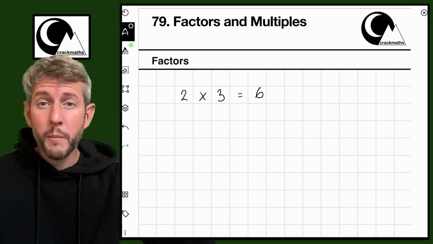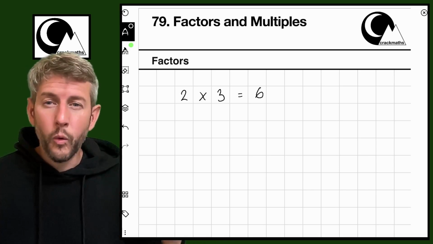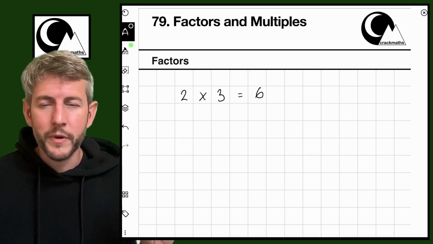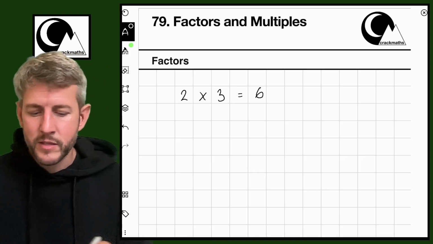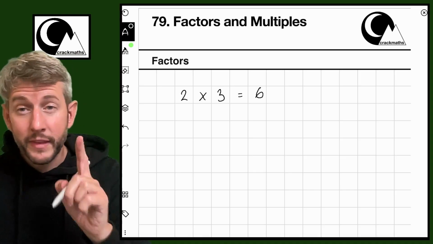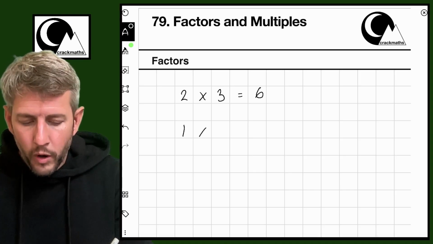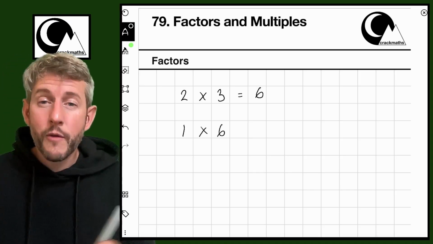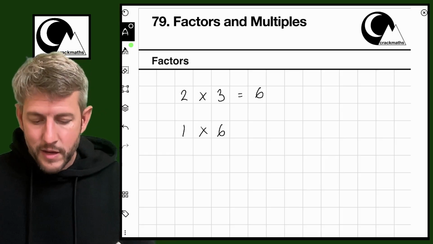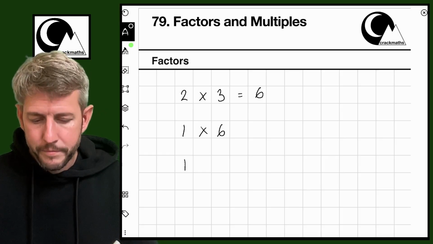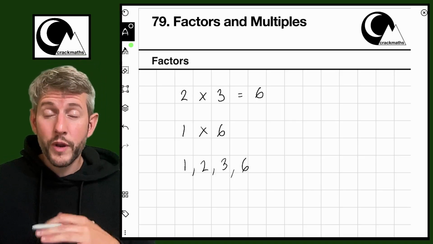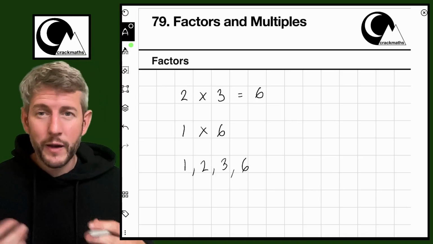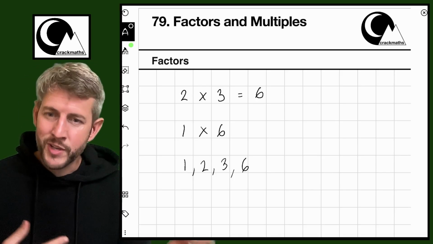In fact, the factors of 6 are all of the pairs of whole numbers, known as integers, that we can multiply together to make 6. So we've got 2 and 3 and we've got 1 times 6. So the factors of 6 would be 1, 2, 3, and 6, because these are all the numbers that you can multiply something else by in order to get 6.